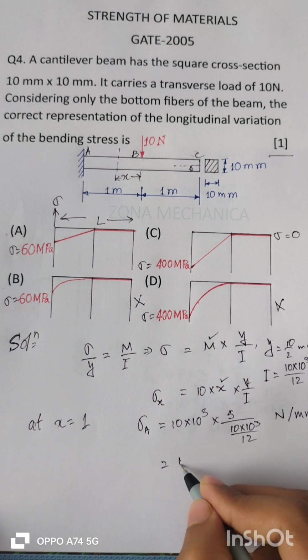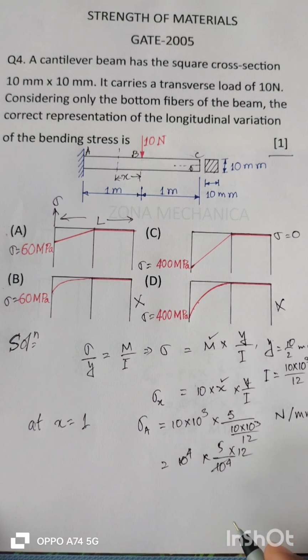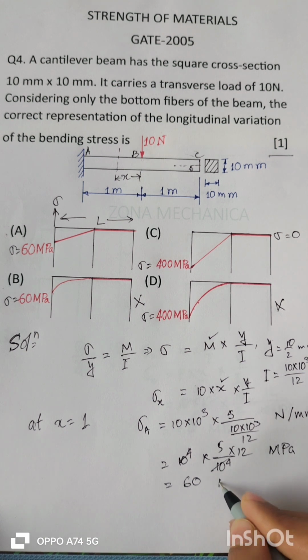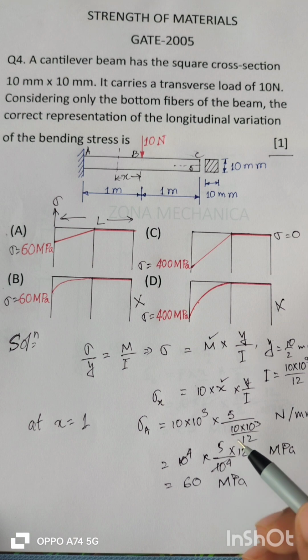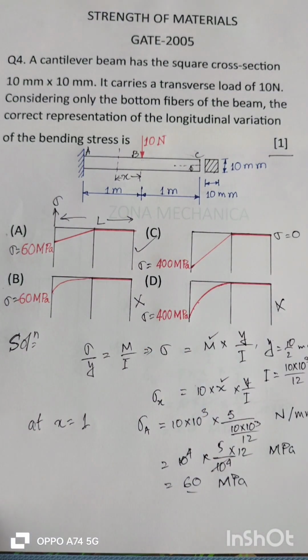This is 10 to the power 4 into 5 by 10 to the power 4 into 12. So 10 to the power 4 and 10 to the power 4 get cancelled, and this is 60, and this Newton per square millimeter is nothing but MPa. That is 60 MPa, which is matching with option A. That is, option A is the correct answer.